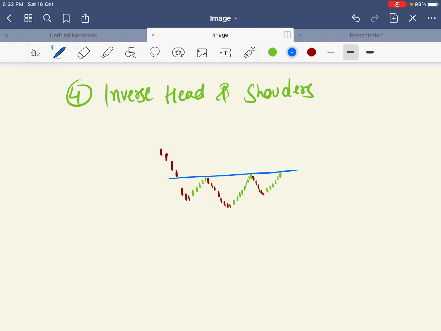This is below these 2 points. So these 2 points, this one and this one, let me just rename so that you get a better idea. 2 and 3. As you can see, 2 is lower than 1 and 3, and 1 and 3 are at the same level. So these 1 and 3 are called shoulders, and 2 is called the head. So this is the inverse type.